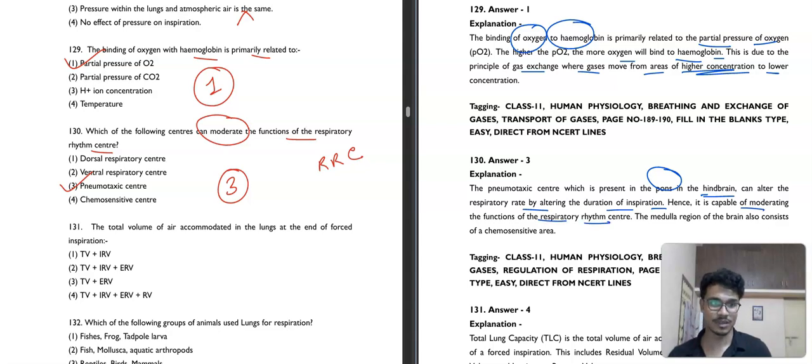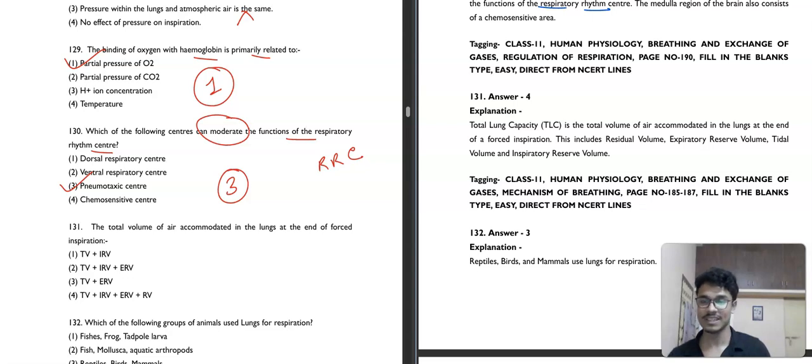Then question number 131. It is saying the total volume of air accommodated in the lungs at the end of forced inspiration. We are forcing, so it is saying forced inspiration. Normal inspiration and expiration occur, but this one is forced.